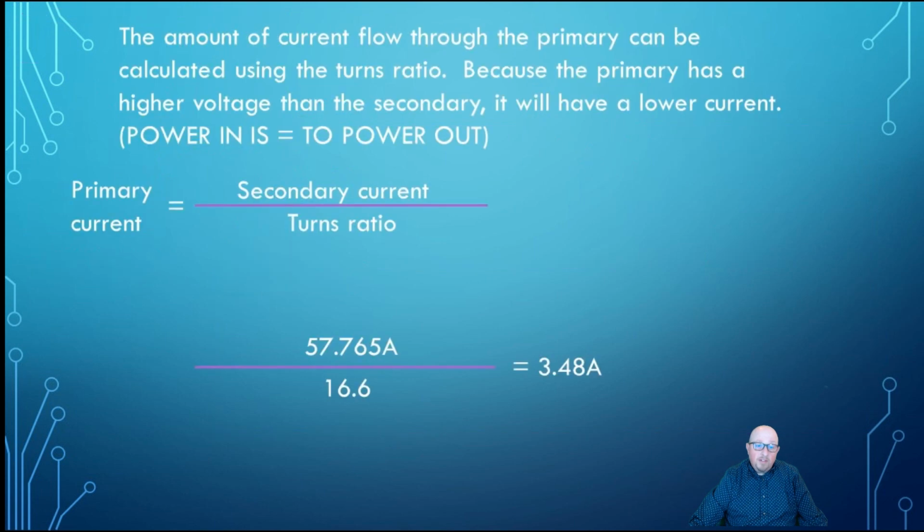Not a lot left for us to do here. We could again look at our turns ratio. The amount of current flow through the primary can be calculated using the turns ratio. Because the primary has a higher voltage than the secondary, it will be a lower current. Again, power in is equal to power out. So secondary current divided by the turns ratio: 57.765 amps divided by the turns ratio of 16.6, we end up with 3.48 amps.